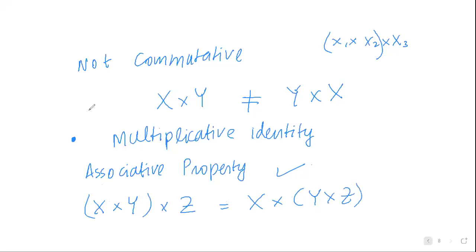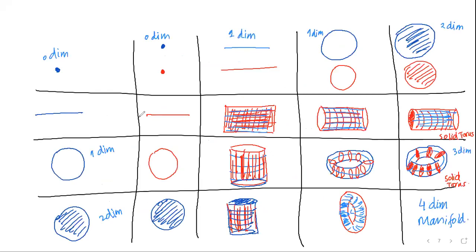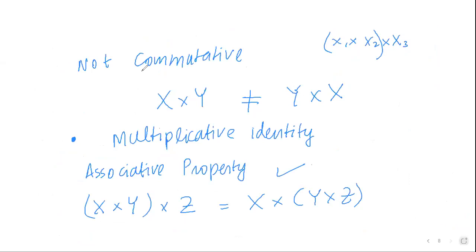यहाँ पर अगर फॉर एग्जांपल अगर आप पॉइंट का या चले लाइन का प्रोडक्ट लें, लाइन के साथ वो रेक्टेंगल आता है, और रेक्टेंगल को आप मल्टीप्लाई कर दें दोबारा लाइन के साथ तो यू विल गेट अ क्यूब, ठीक है। I'm saying if you multiply a point with a line and then you multiply with a line, so you will get not a cube, you will get a rectangle.